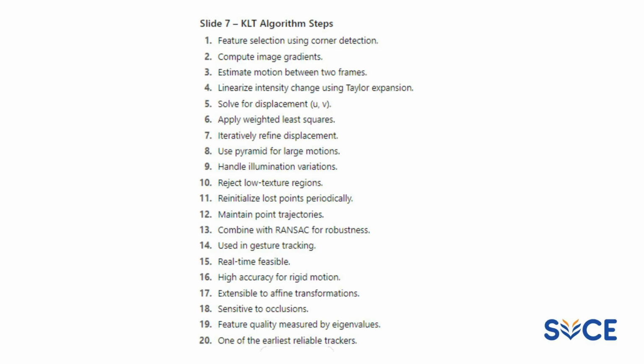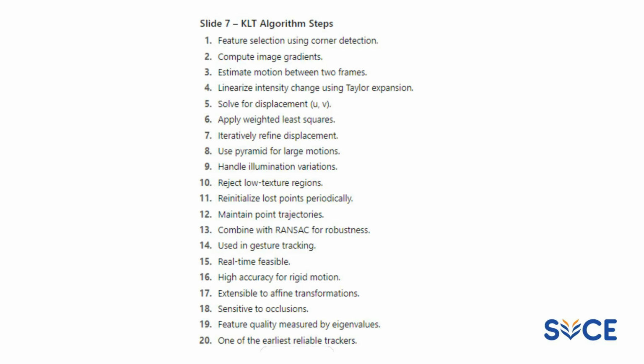So in this Lucas-Kanade, that is KLT, we have seen what KLT is, the Kanade-Lucas-Tomasi feature tracker, and also the extensions of KLT to optical flow, and how it tracks good feature points across the frames.